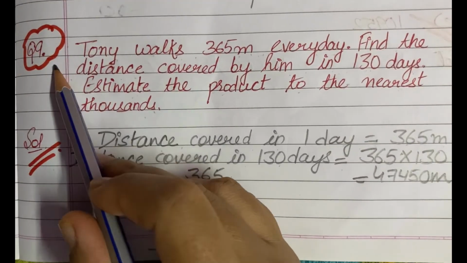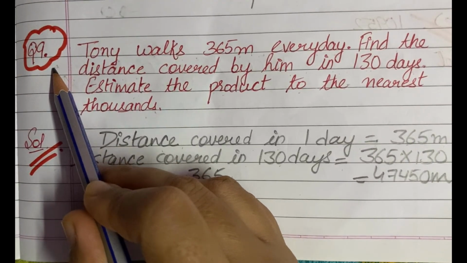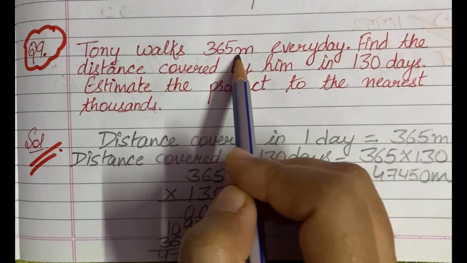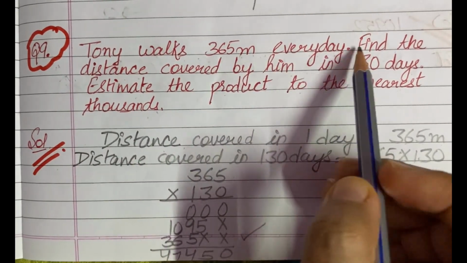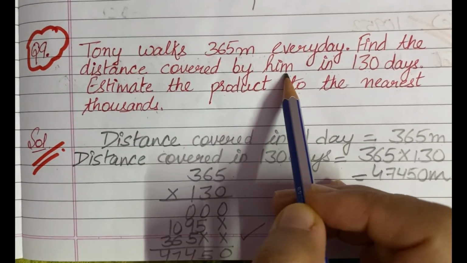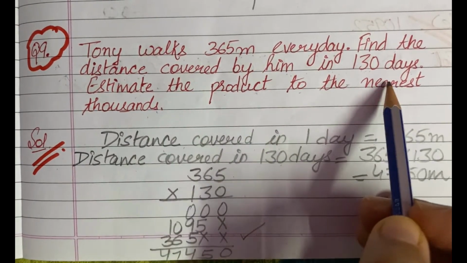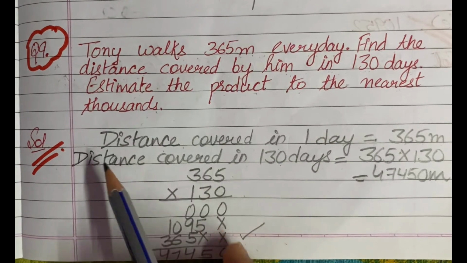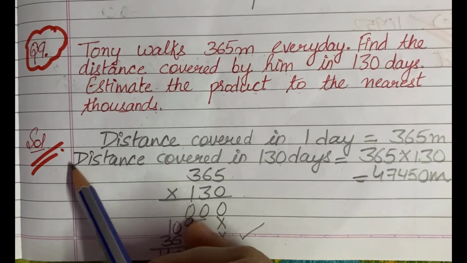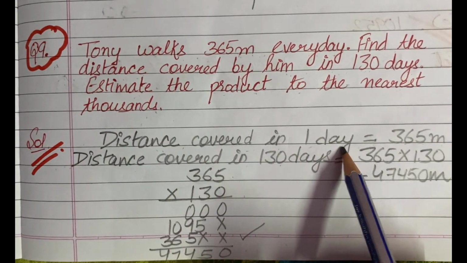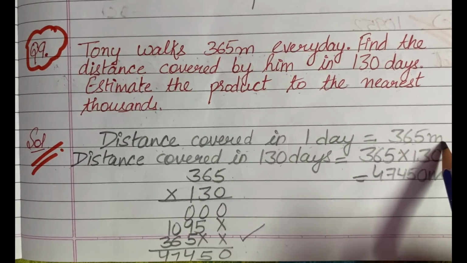Next is question number 9, and question number 9 says that Tony walks 365 meters every day. Find the distance covered by him in 130 days. Estimate the product to the nearest thousands. So students, in the solution, first of all we will write down distance covered in 1 day, that is equals to 365 meter.